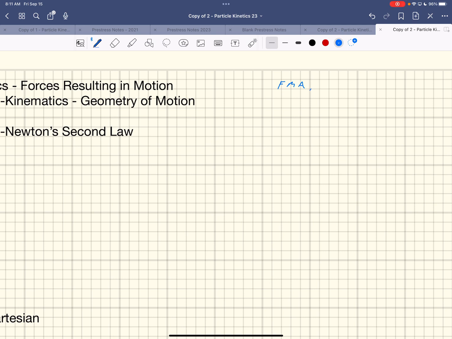We're also going to do work energy, that's my favorite. And then we're going to do impulse momentum. That's kind of our roadmap as we move forward. We're also going to do the three coordinate systems for each one of these, at least for F equals ma. We're going to start with Cartesian coordinates, then we're going to do normal tangent and polar coordinates. Okay, so kind of just a roadmap of where we're headed.